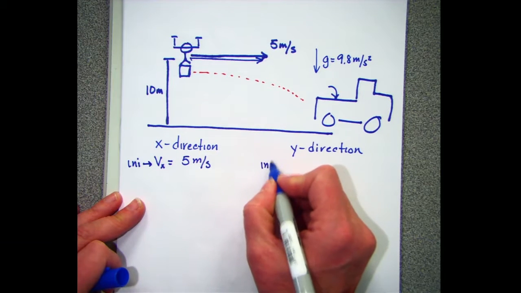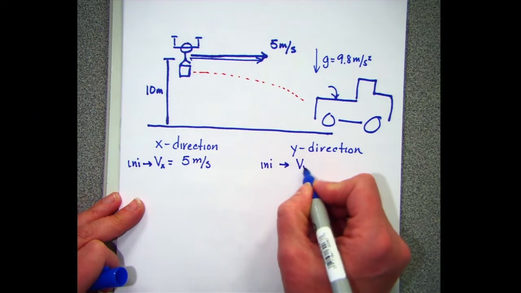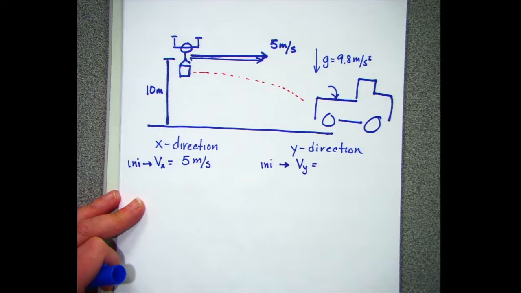What's our initial velocity in the y direction? I've heard 10 meters, I've heard 5 meters, and I've heard 0. How many think it's 10 meters? Good, because I said 10 meters, right? That's not velocity. That's position.